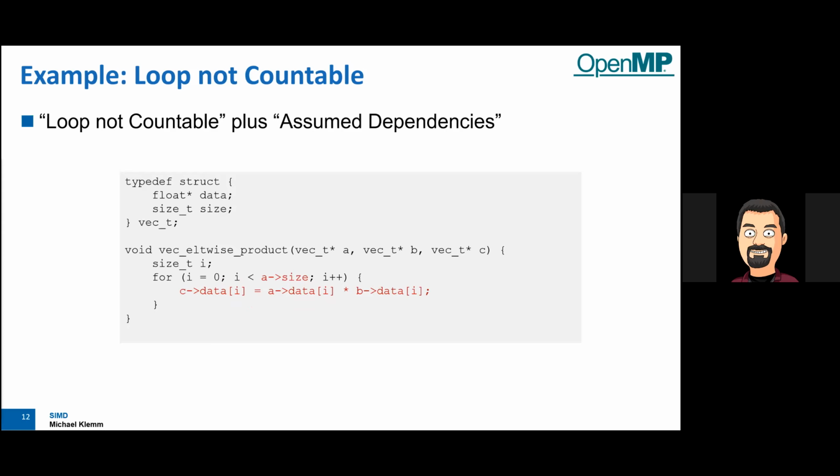The other thing that can happen is that the compiler says the loop is not countable. And that comes in because we are accessing the loop upper boundary, this A arrow size, via a pointer as well. And so in theory, C is an unsafe language. This pointer could somehow overlap with that thing. And even though one of them is an integer, the other one is a floating point number, an access to that pointer may still destroy that integer.